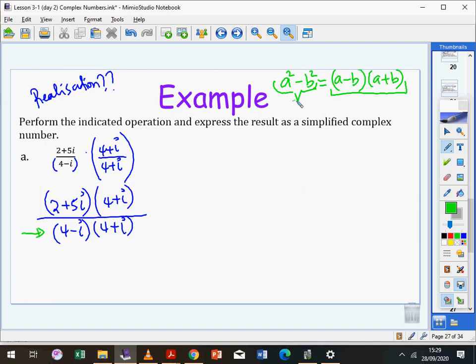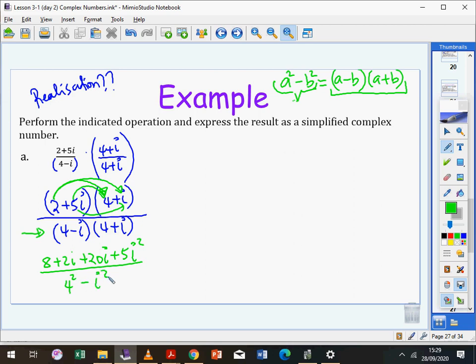I'm going to FOIL. 2 times 4 is 8. 2 times i is 2i. 5i times 4 is 20i. And 5i times i is 5i squared. In the denominator, I have a difference of squares, so it's just going to be 4 squared minus i squared, right?